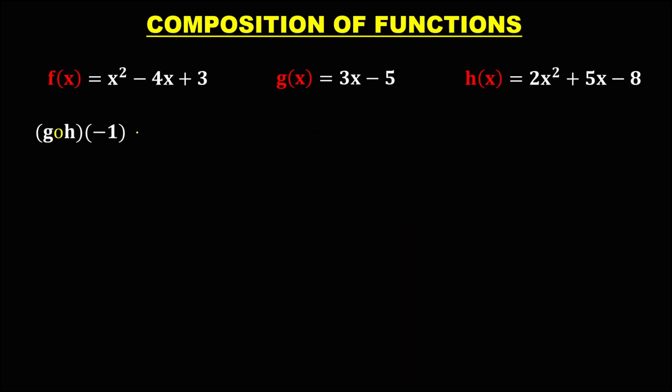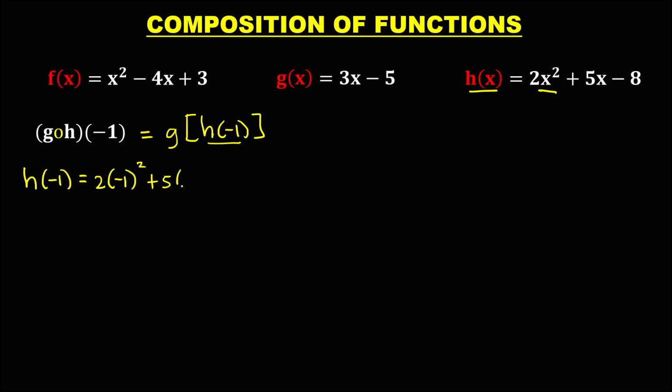Then for this given, this is equal to g of h of negative 1. So again, we need to find first the value for h of negative 1 from h of x. But x is equal to negative 1. So this becomes 2 times (negative 1) to the power 2, then plus 5 times negative 1, then minus 8.